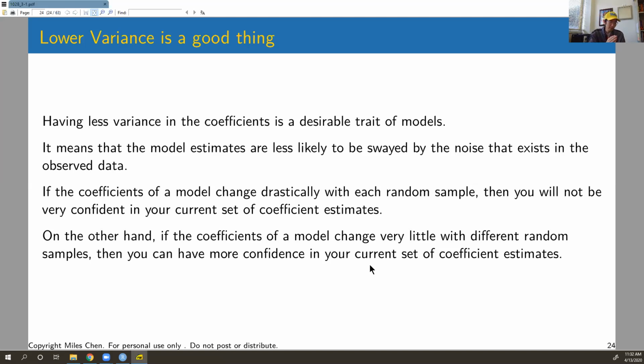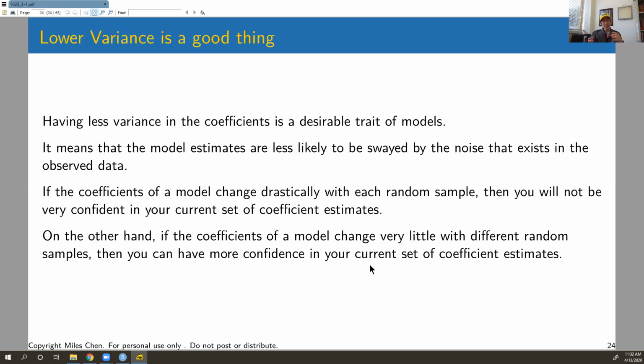Every time you take a random sample, if the coefficients you fit change drastically with each random sample, then you can't be very confident in your current set of coefficient estimates, because you might say in the back of your head, if I take a different random sample, my coefficients could change a lot, right? So if you have high variance in your coefficients or your model estimates, then you know that the values you have are very much subject to the random sample of data that you have, okay?